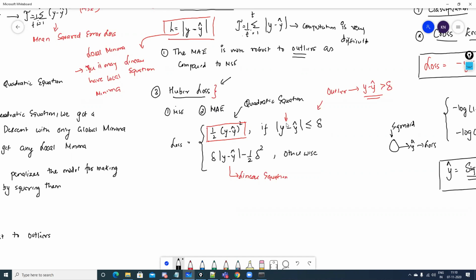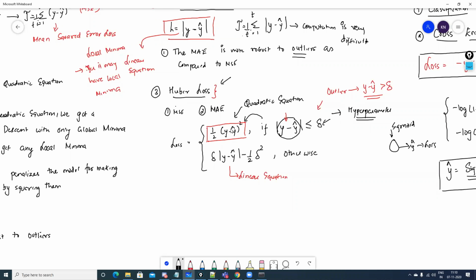It says that if there are no outliers, how do we find out there are no outliers? If this difference is smaller than this delta value, that basically means we have to fix that delta value. Yes, we have to fix this delta value, and this can also be taken as a hyperparameter. When it is always less than this, that basically means it is not having outliers, right?